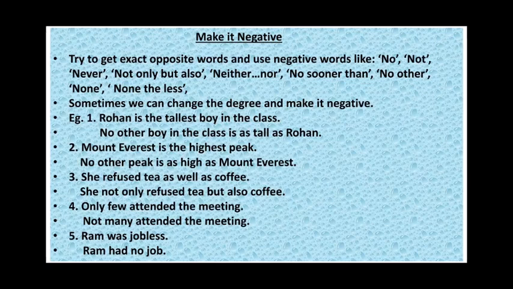This we can change as no other peak is as high as Mount Everest. Next, she refused tea as well as coffee. She not only refused tea but also coffee. So here you can see we have added the negative word, that is not.